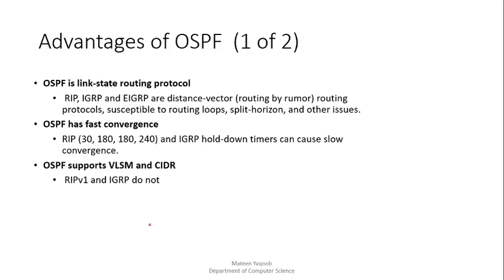That's why RIP converges very slowly. However, OSPF converges very fast, and also RIP doesn't support variable length subnet mask and CIDR notation, whereas OSPF supports both variable length subnet mask and CIDR.